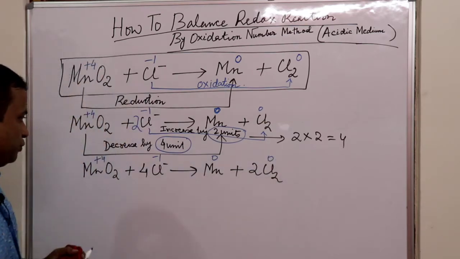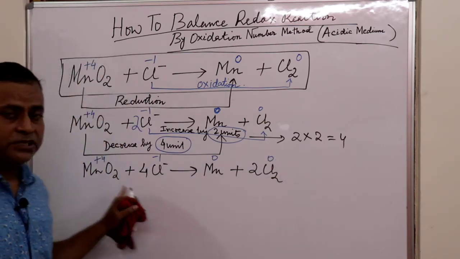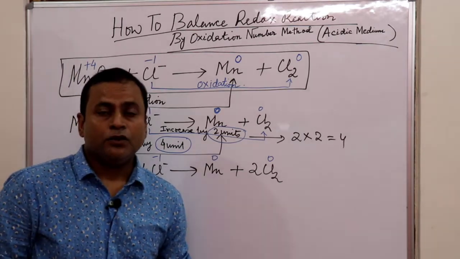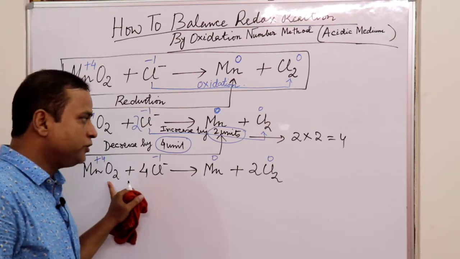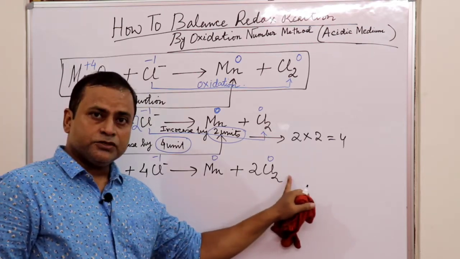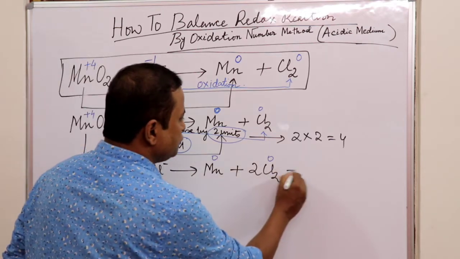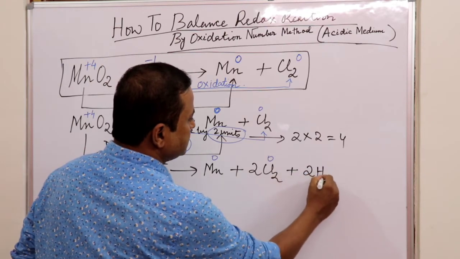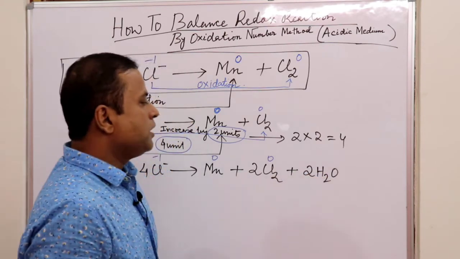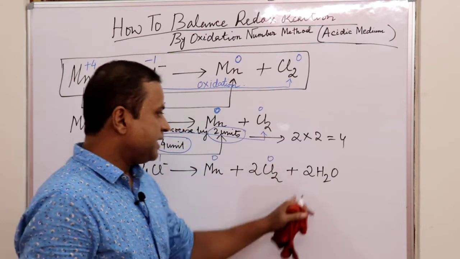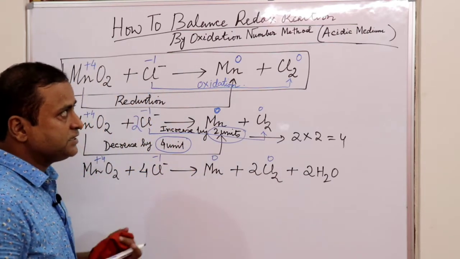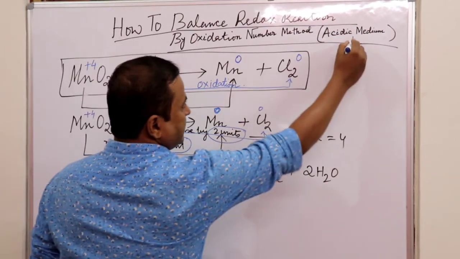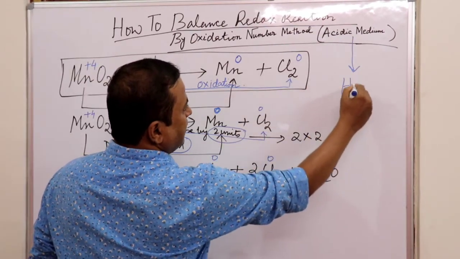Next, we have to balance the oxygen atoms by adding water molecules. On the left hand side there are 2 oxygen atoms but no oxygen on the right, so we balance it by adding 2H2O. Now after doing this we see there is no hydrogen on the left hand side, so we balance this by adding H plus ions, because this equation is for acidic medium.